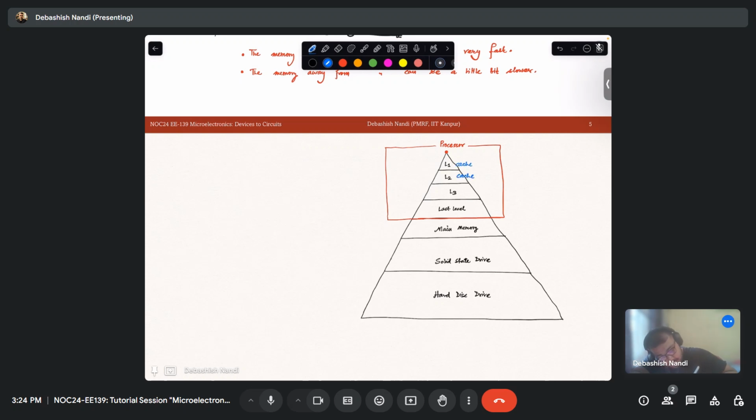Okay, so what are these made of? These are made of your SRAMs, which is the fastest memory block you can have. Okay, or sometimes embedded DRAM. We'll discuss about these things. Okay, so this entire thing is coexistent in the processor itself.